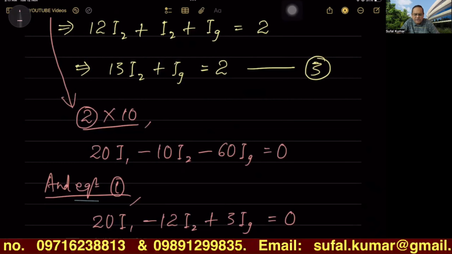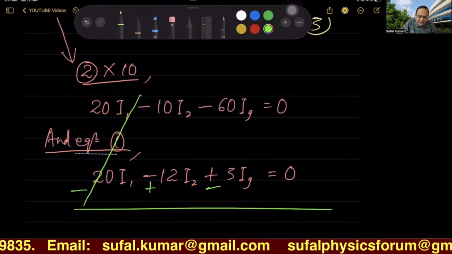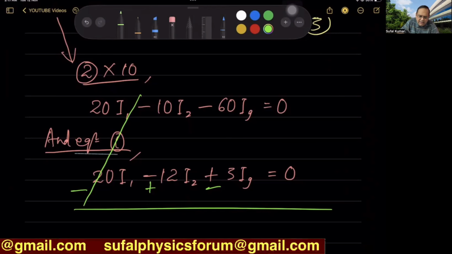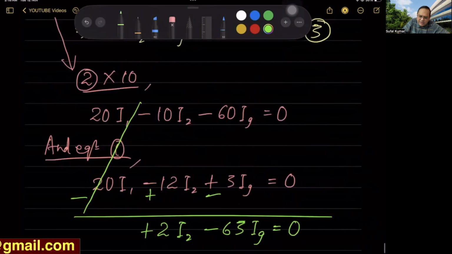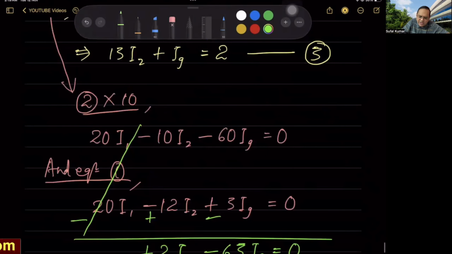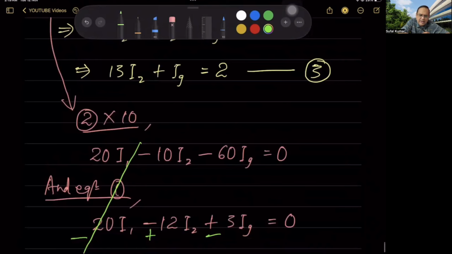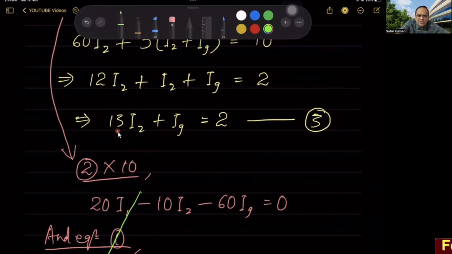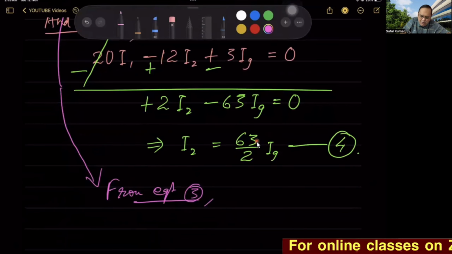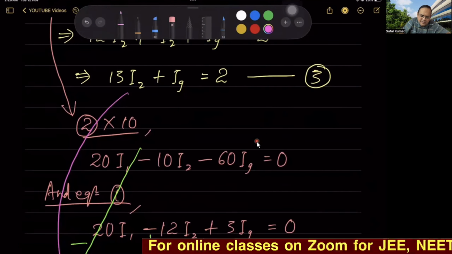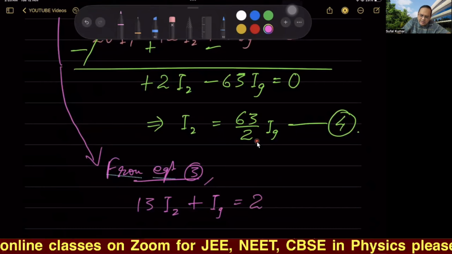Now we need to subtract. By subtracting, we obtain that I2 is equal to, and this is equation number 4. Then from equation number 3 and 4, 13 I2 plus IG is equal to 2.